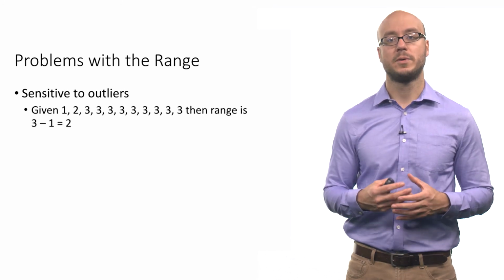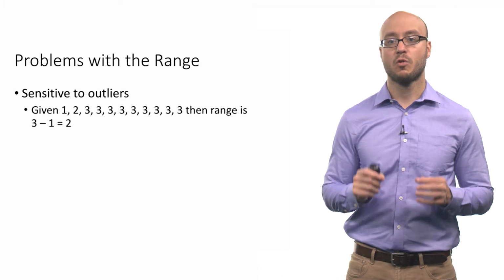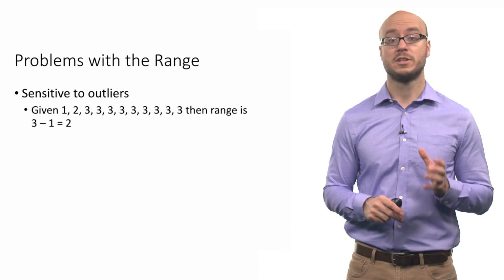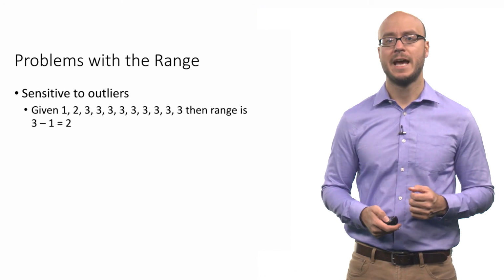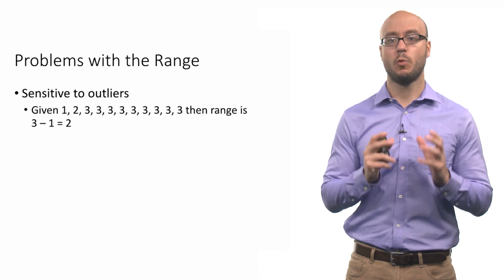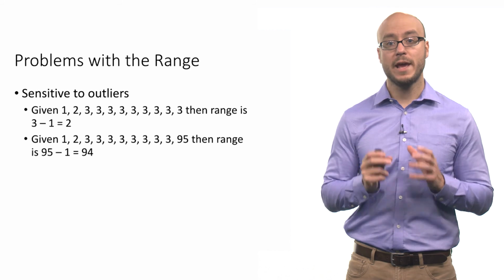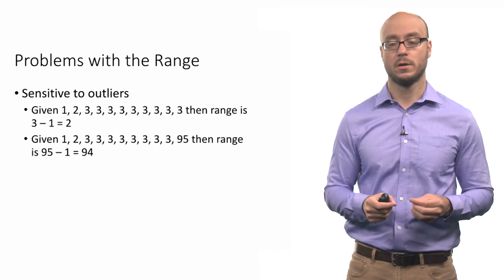For example, suppose we have a set of observations of 1, 2, and a bunch of 3s. The range is the difference between the maximum and minimum values. The maximum is 3 and the minimum is 1, so the range is 2. However, suppose we change one of those values to, say, 95. Well, the range is going to be 95 minus 1, or 94.